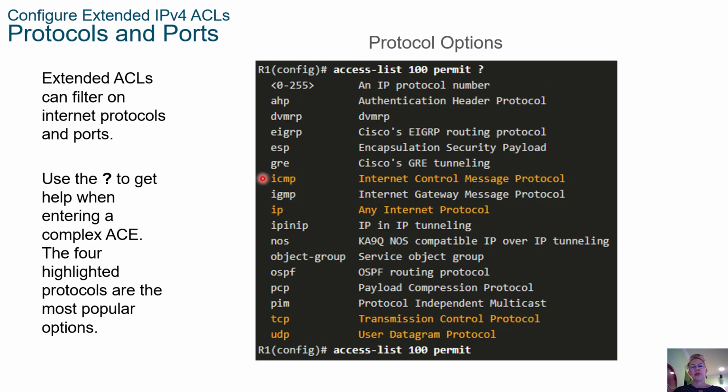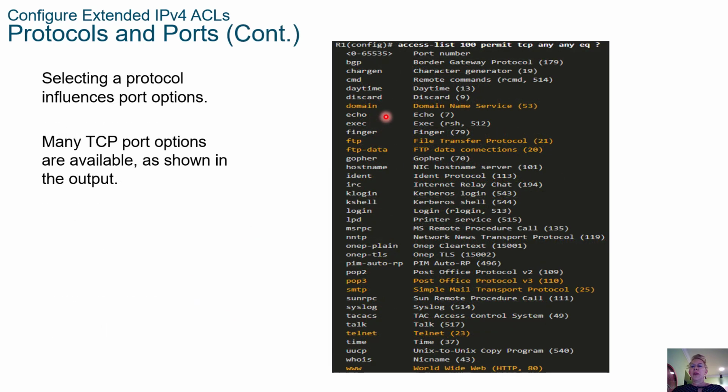They're highlighting the most popular: ICMP, IP, TCP, UDP, the ones that we talked about. And then if we use the question mark again, and compare that to what we just laid out for selecting the protocol, we are doing 100, we're permitting TCP traffic from any source to any network, right?